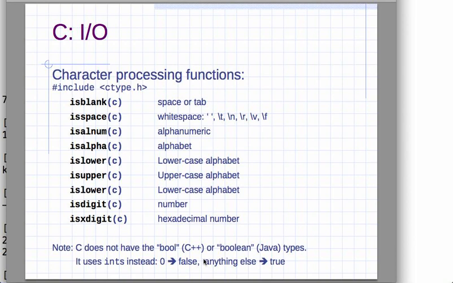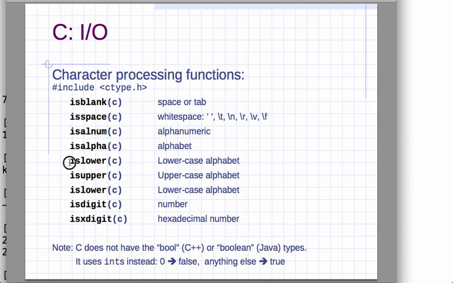So there's a bunch of character processing functions. isblank will check if a character that you pass as a parameter is a space or a tab. These are all defined in ctype.h. Some things can check for space. isalnum is alphanumeric. isalpha is alphabet, checking if it's a letter, uppercase or lowercase.